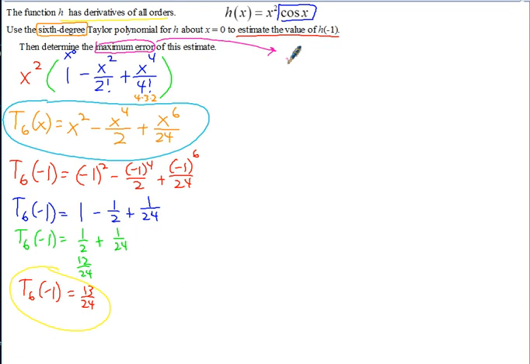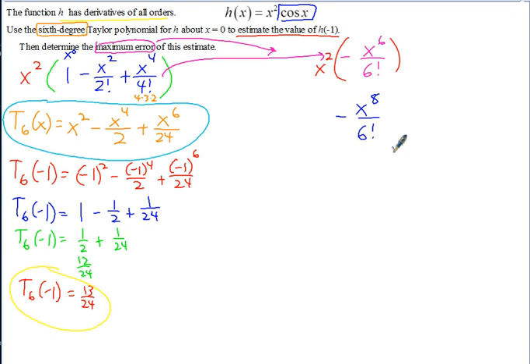So the term that would have come right after x to the 4th over 4 factorial, since that was positive, would be negative, x to the 6th over 6 factorial. But then don't forget, that would have been multiplied by x squared. So that would have actually been negative x to the 8th over 6 factorial.